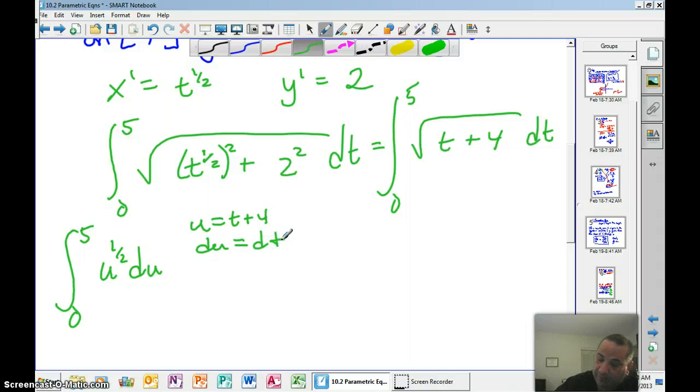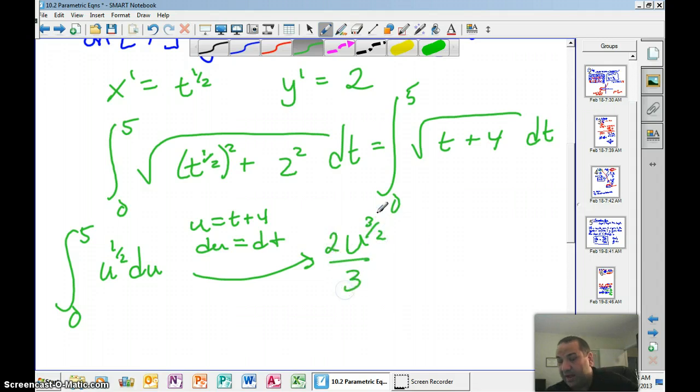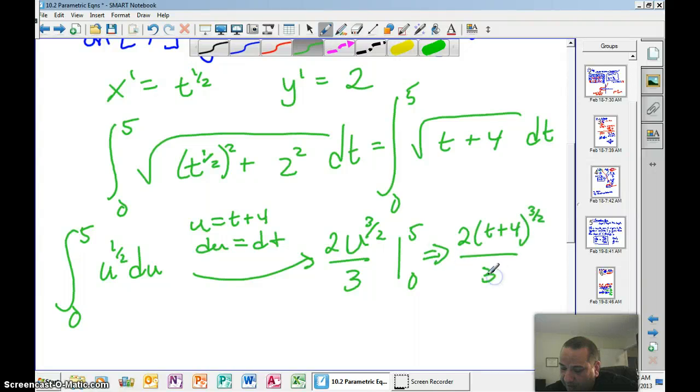All right, so now I can do this integral. That integral becomes u to the 3/2 power divided by 3/2, or 2/3. I could put the other stuff back in if you want. So that's evaluated at 5 and 0. So we'll put the other stuff back in and make it 2 times t plus 4 to the 3/2 power over 3.